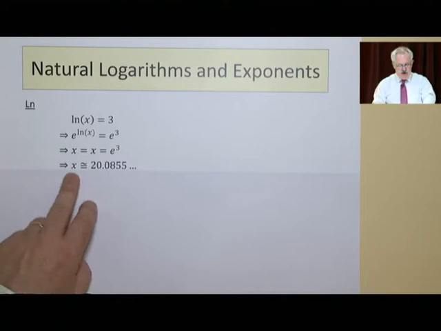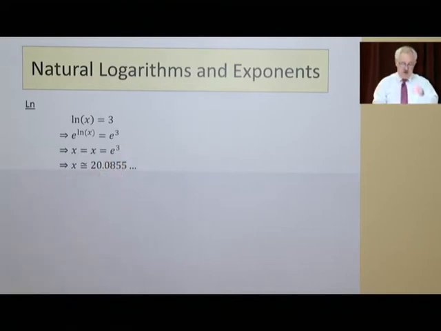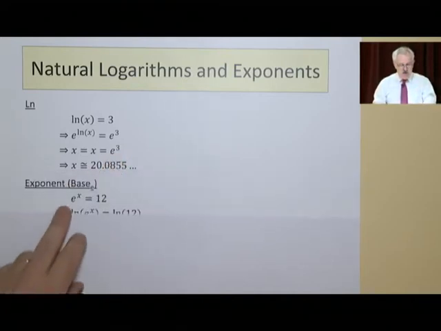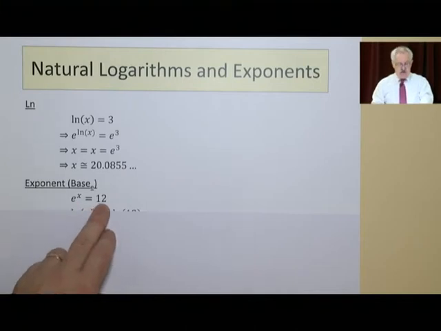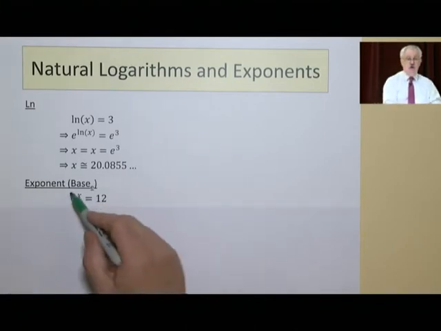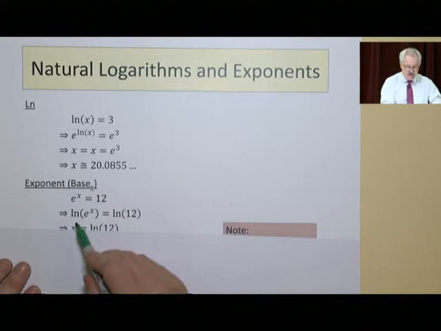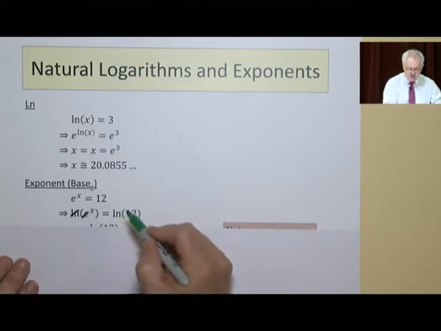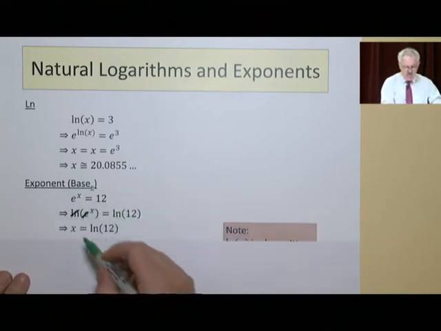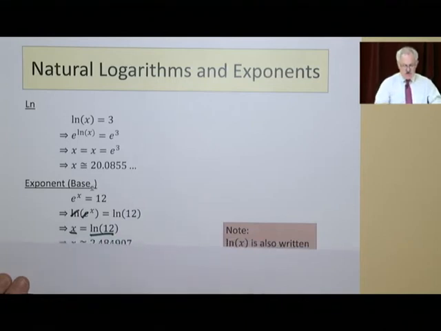Therefore x is e to the power of 3, and you can calculate that on your calculator. Similarly, if somebody said e to the x is 12, I don't like e, but the inverse is log, so I take the log of both sides, the log of 12, x is therefore log 12.